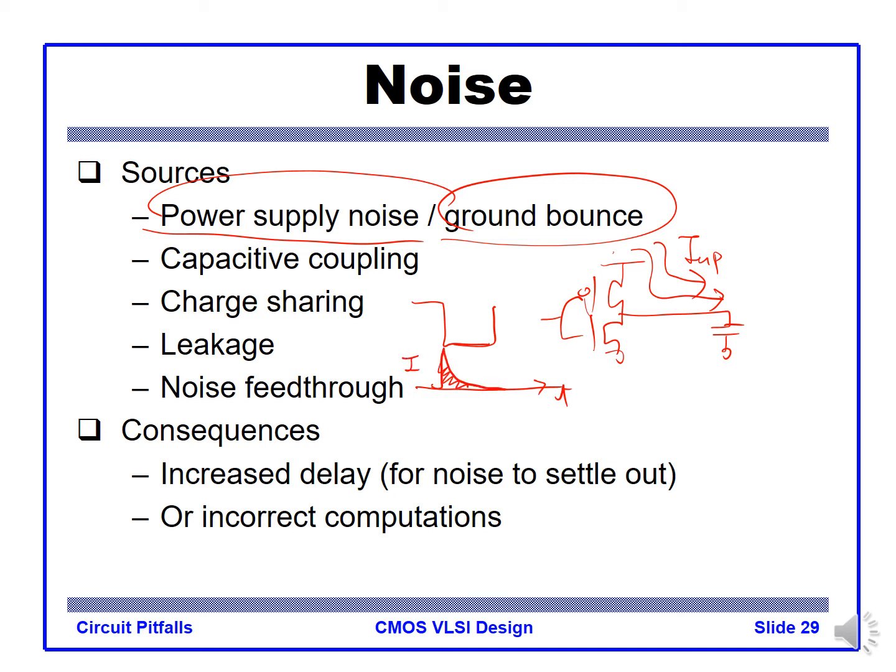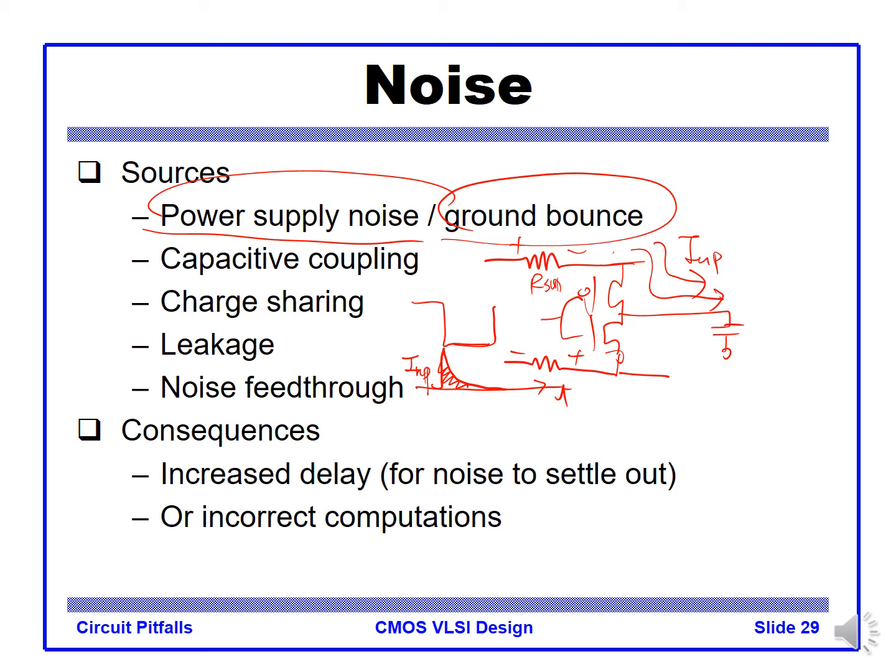This is I up. If there is any resistance on the supply, also resistance on the ground line, and any non-zero current, a voltage drop will be there on the supply and ground. That will actually change the supply in your sub block.